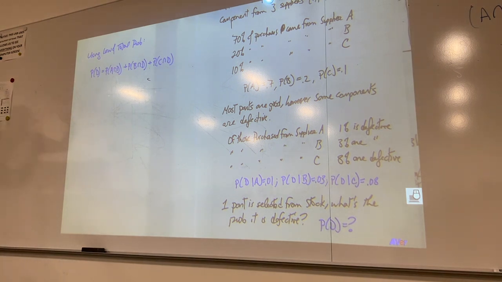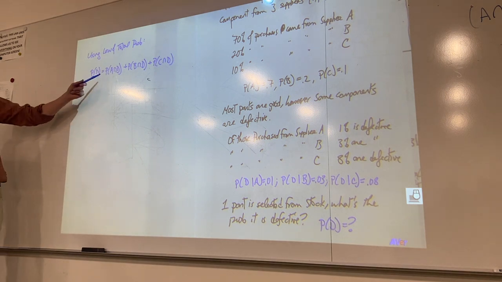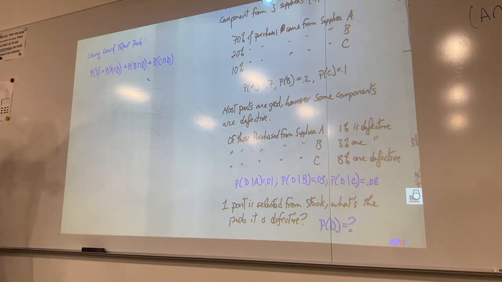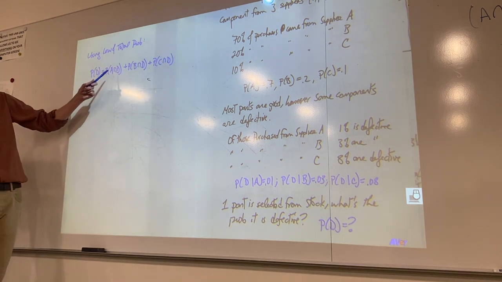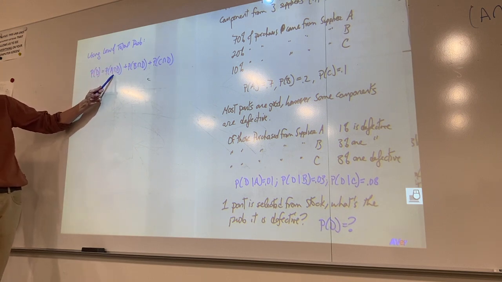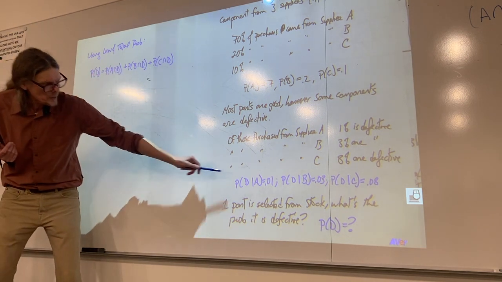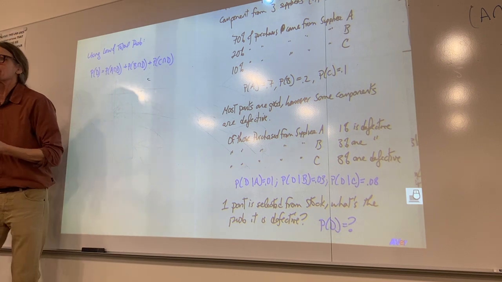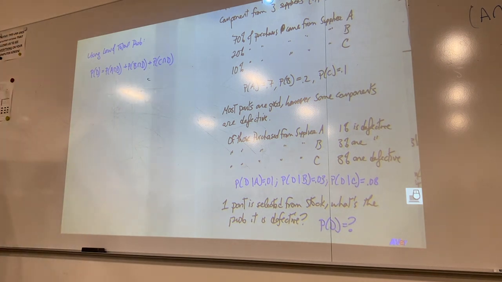Now we add our conditional probabilities in here. We re-express these intersections where we can incorporate the information as it's provided for us.